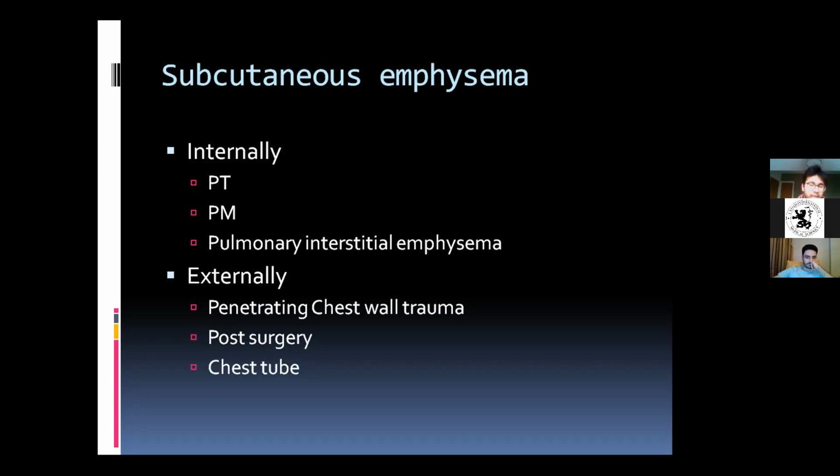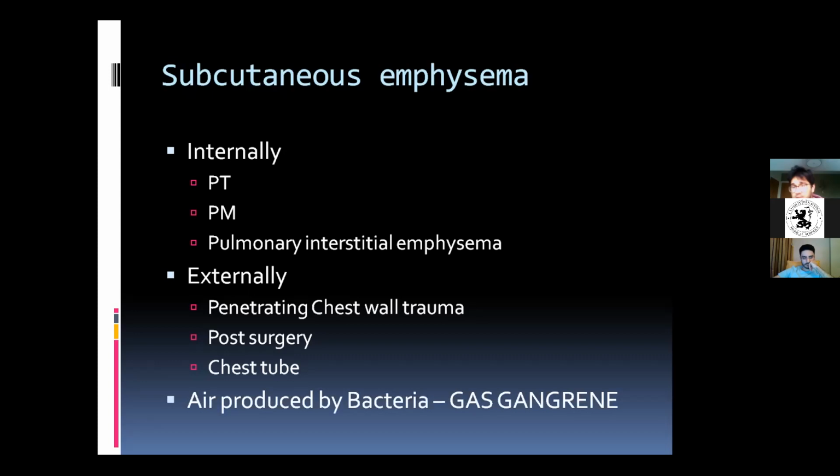The final thing is if the air itself is produced in situ, if there is any kind of necrotizing fasciitis, which you'll be surprised to know is quite common in a general surgery setting, and that can cause gas gangrene. But it's quite rare when we're talking thoracic wall.